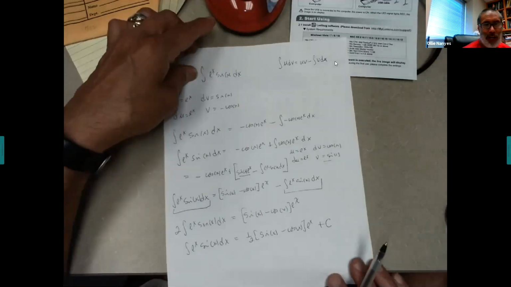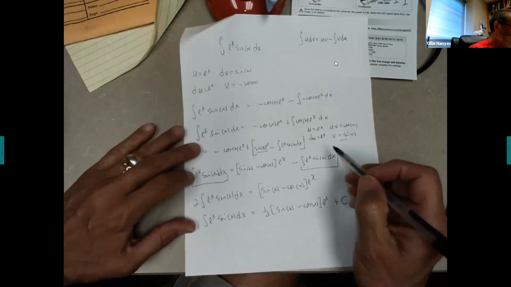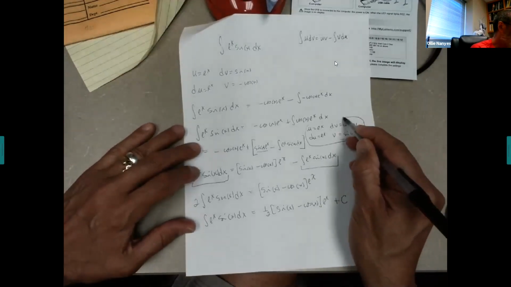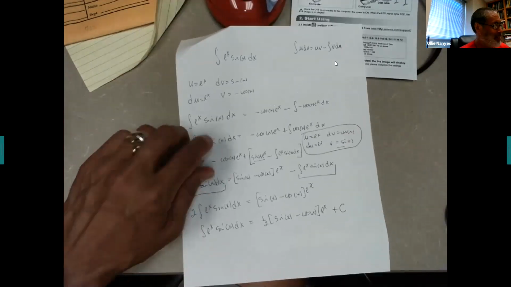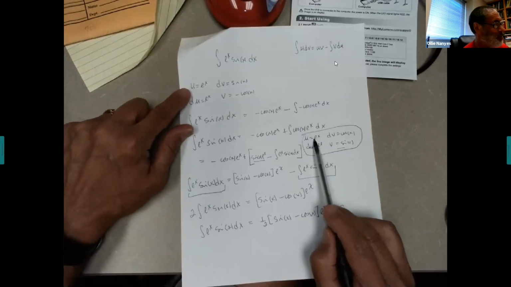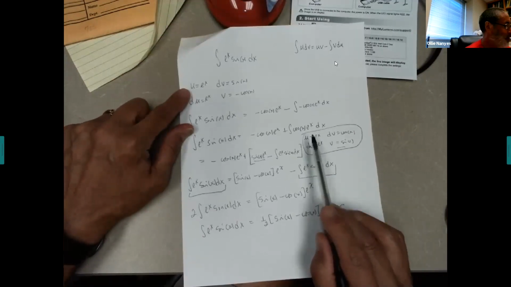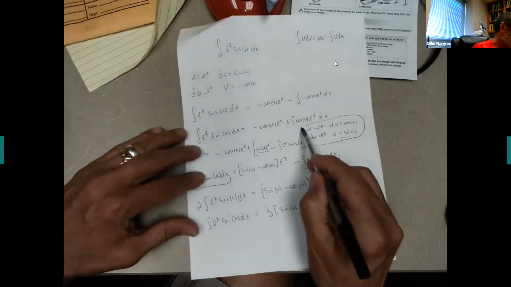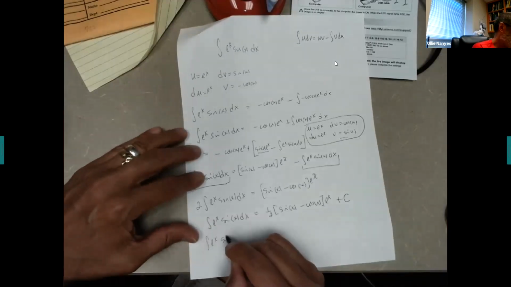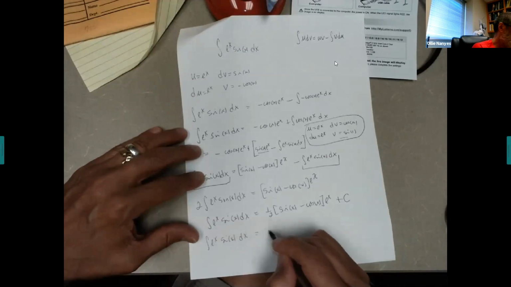Now, what I'd like to do to finish the short video is to notice that this worked because we made the same type of substitution. We used u as e^x both times. Now, what happens at this stage if we made a different choice?